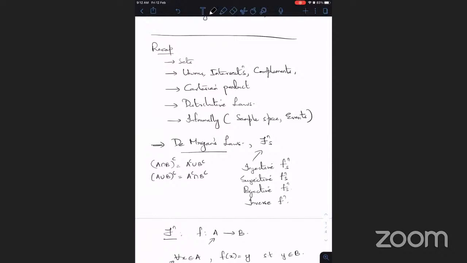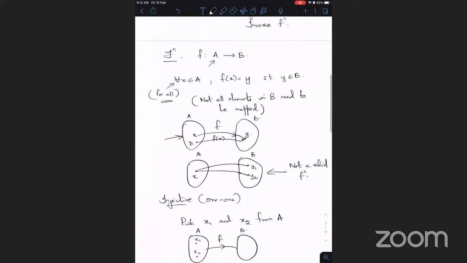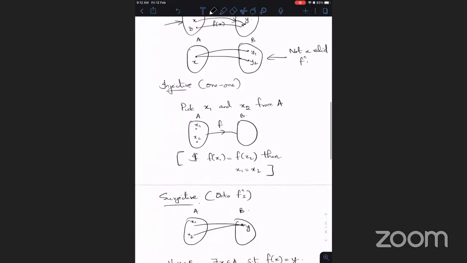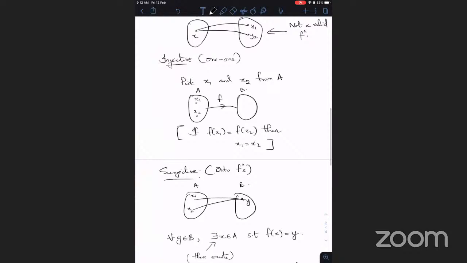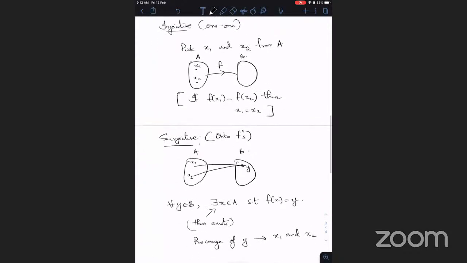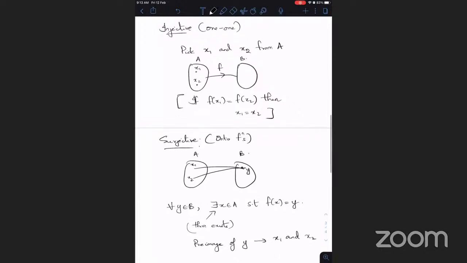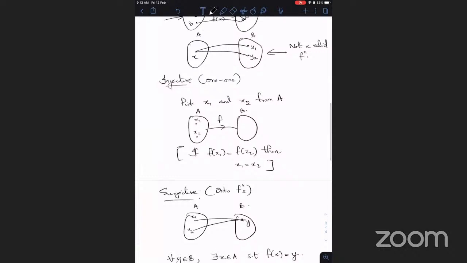So someone is asking, Rahul, can more than one element in the domain of an injective function be mapped to the same element in the codomain? Okay, so that won't be a one-to-one function. A one-to-one function by definition should satisfy this.